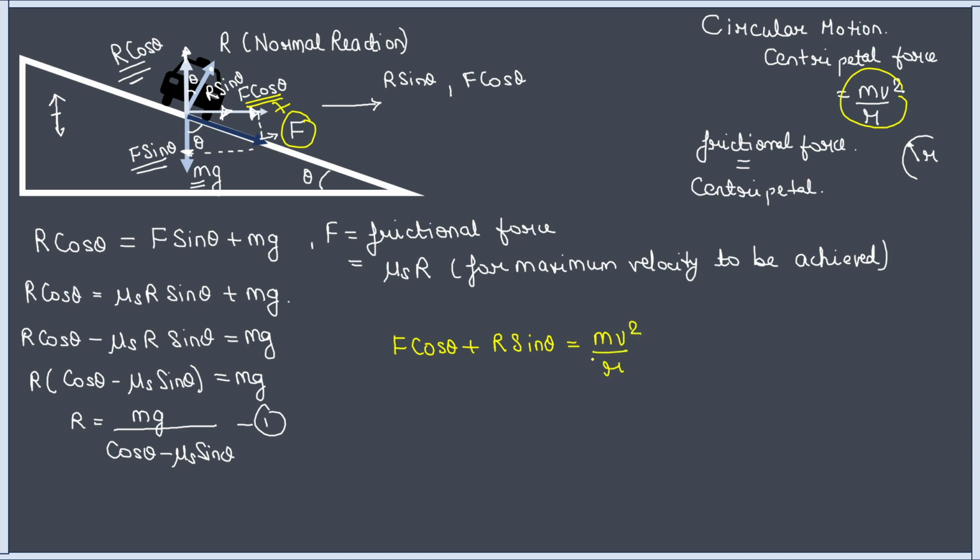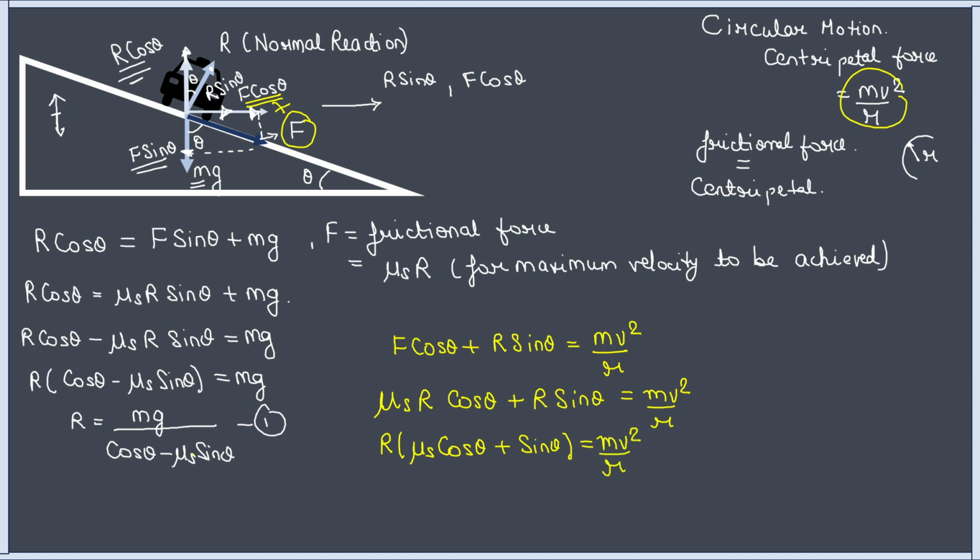Here also I can substitute the value of f, which is equal to mu s into r. While substituting f equal to mu s into r, we will get mu s r cos theta plus r sin theta is equal to mv square upon r. Taking r common, I will get r times mu s cos theta plus sin theta is equal to mv square upon r.